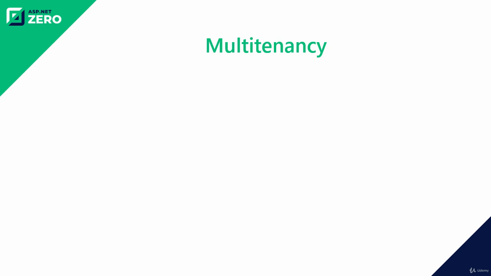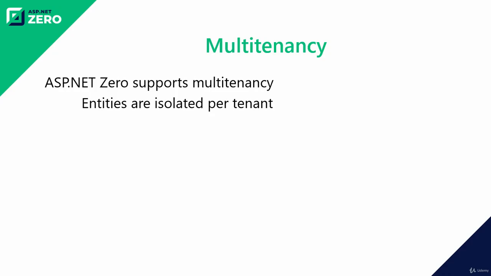So far, we haven't looked at the multi-tenancy in the application. While this is a core feature that's built into ASP.NET Zero, what this basically means is that your application can be used for multiple tenants, so basically customers. ASP.NET Zero brings in data isolation, so that entities belonging to tenant A aren't visible to tenant B. Enabling this is pretty simple, since it's, like I said, built into the framework.